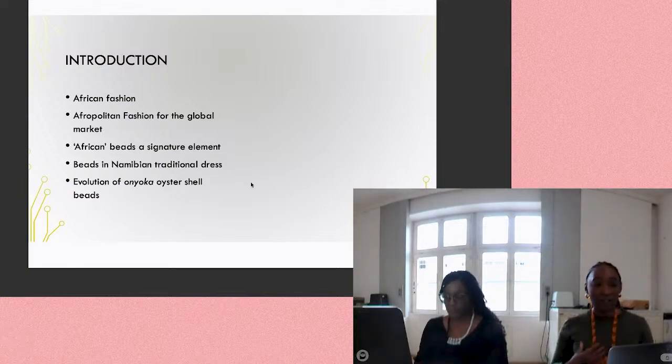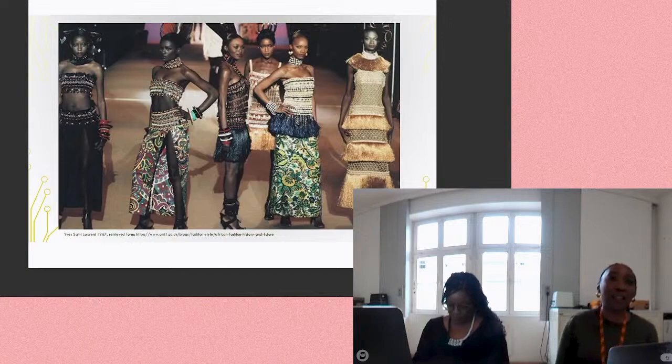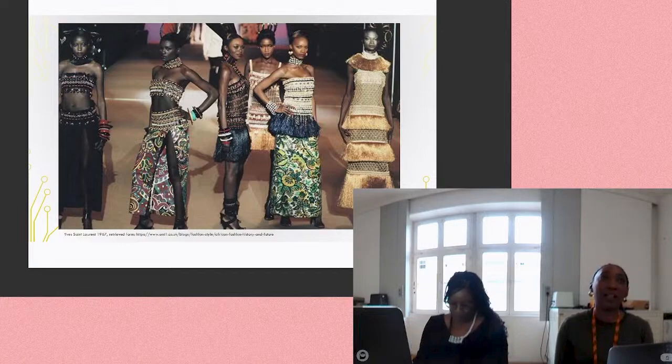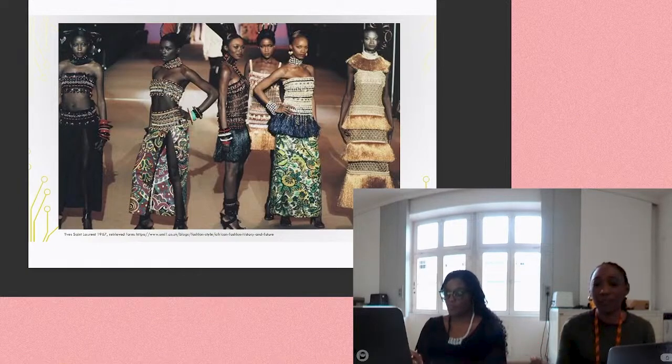To start off, Africa has been an inspiration for some European fashion brands. This is work by Yves Saint Laurent, a collection that he presented in 1967. You can see the details in this image. He was inspired by Africa. He had a very sweet connection with Africa, and I believe he was also given a piece of land or a property in Morocco.